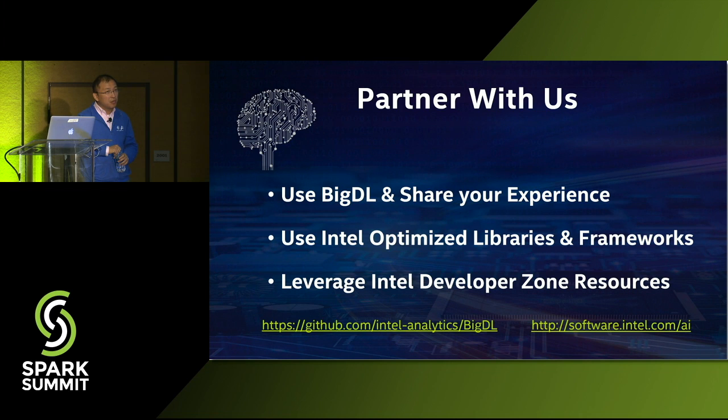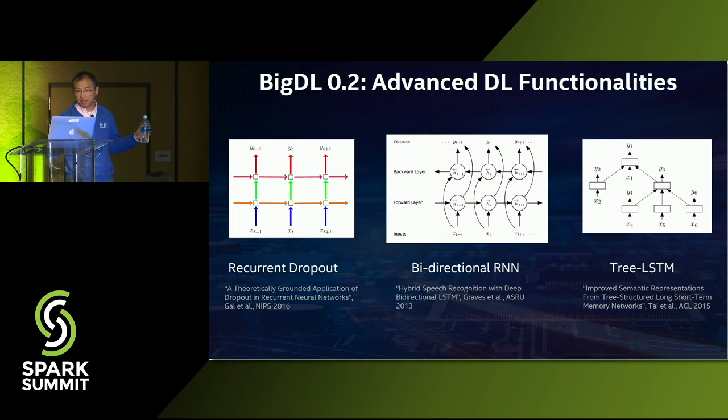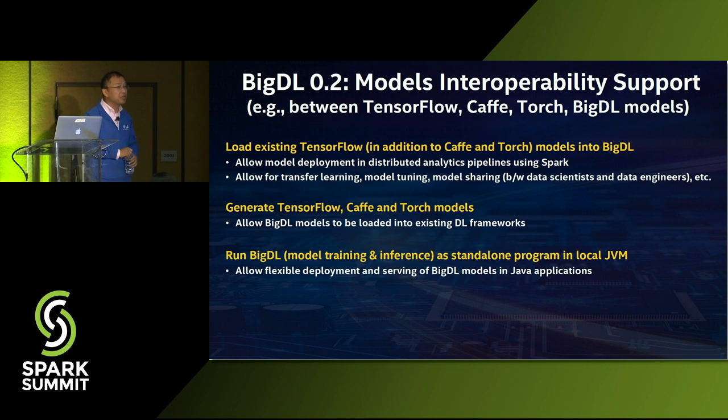Well, first of all, as I talked about before, we provide support for the models, so you can use the TensorFlow model, Caffe model, and Torch model directly inside BigDL. So in a way, we are a superset of TensorFlow, Caffe and Torch in terms of functionalities. I don't think we are directly comparing with TensorFlow and so on, but in terms of functionality, we're really a superset of those.